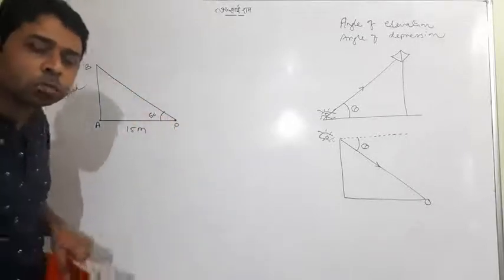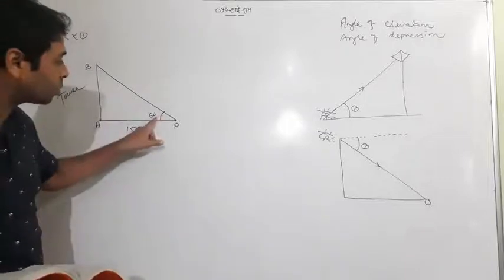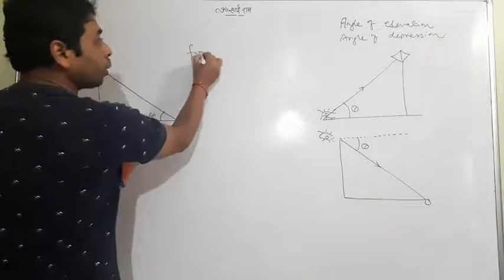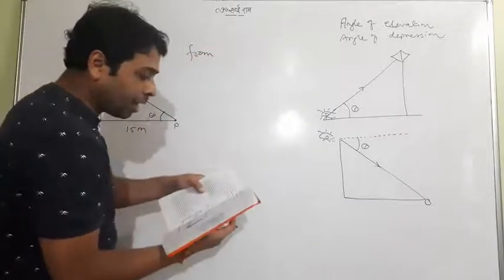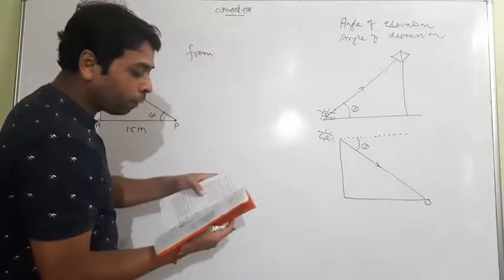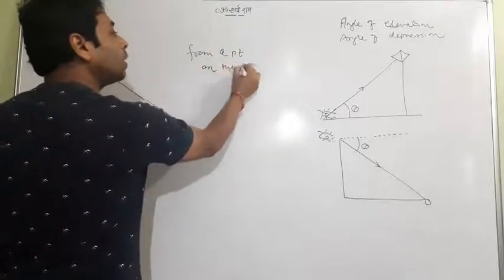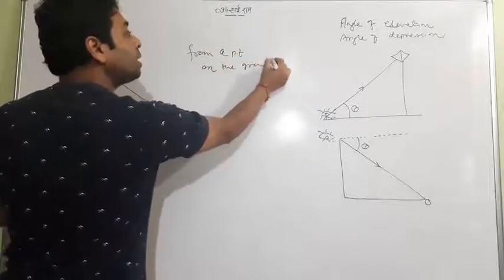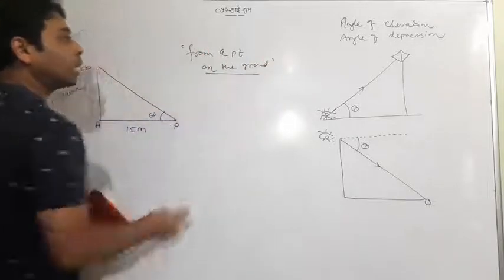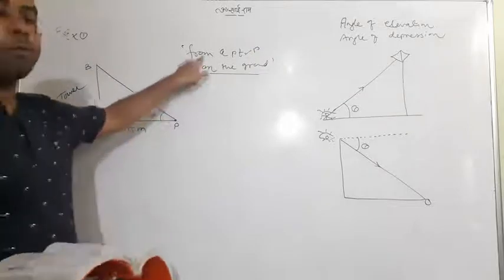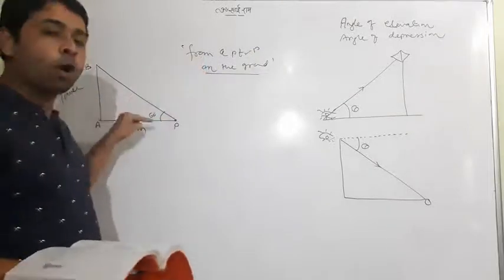Sometimes students get confused about why I have written 60 here. The word from is very important. It is written, from a point on the ground, which I call P. Whenever the word from comes, the angle forms at that point.